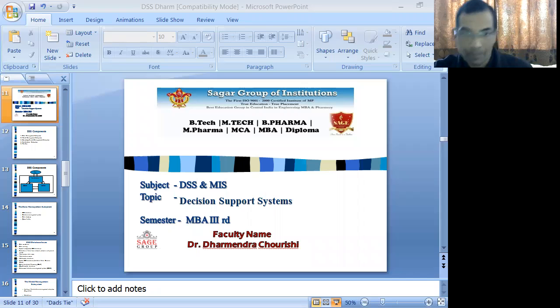Then talk about its components: database, data management subsystem. When we talk about DBMS, data is the main feature of DSS. Model management subsystem, where we will have a particular model or theorem or a particular algorithm to be followed.